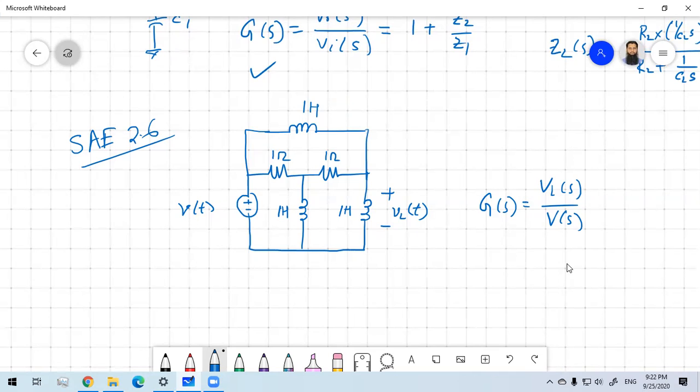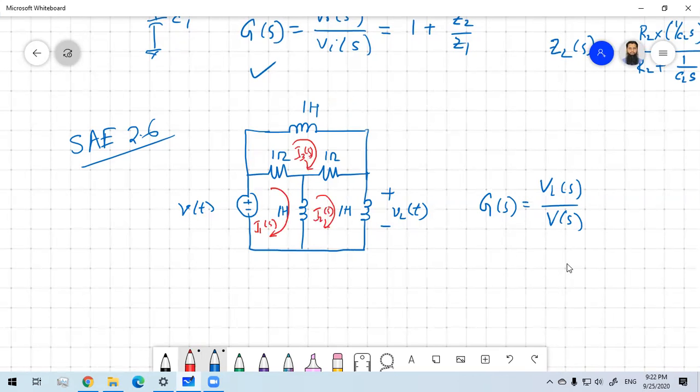Okay, so how to solve it? Very simple. You have 3 loops, so you have to assume 3 currents: I1S maybe, then I2S, then I3S. You convert all this into impedance.